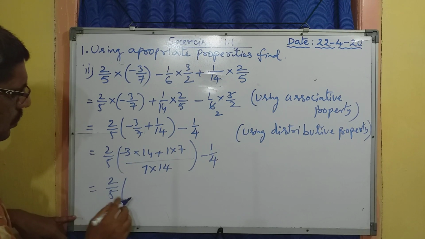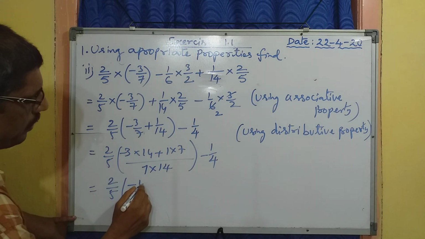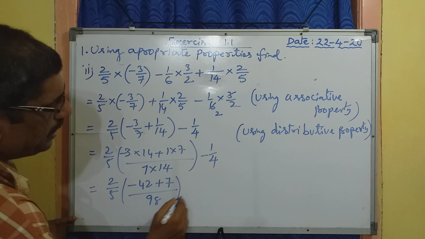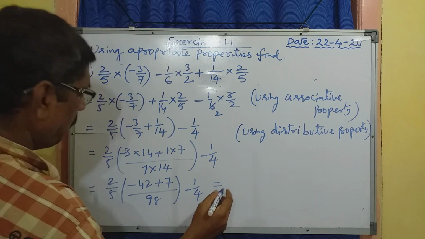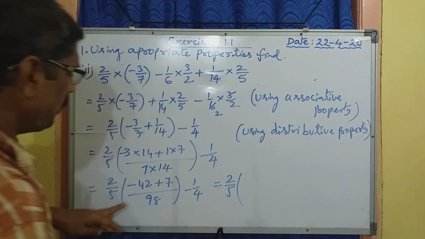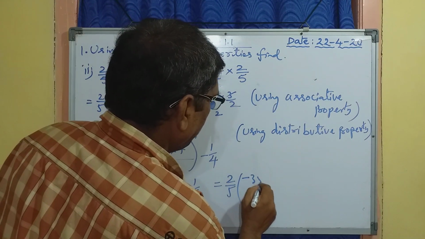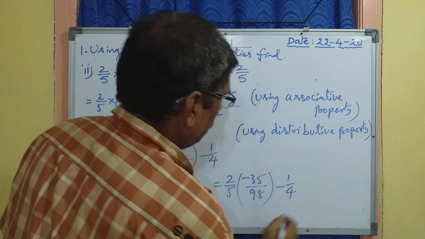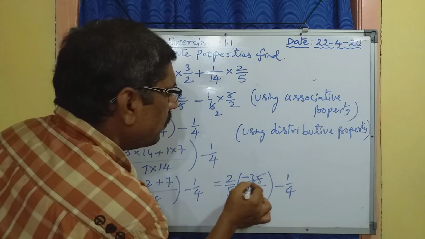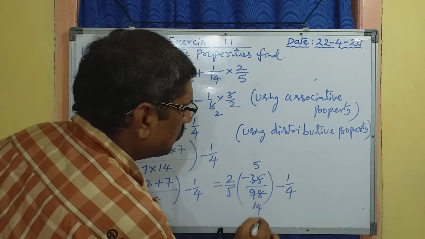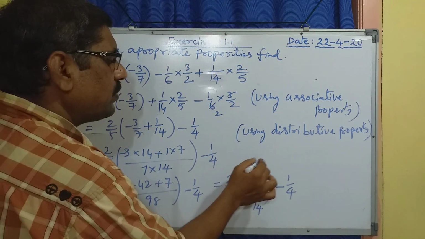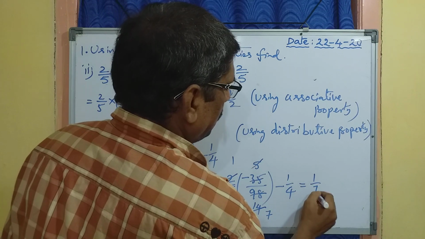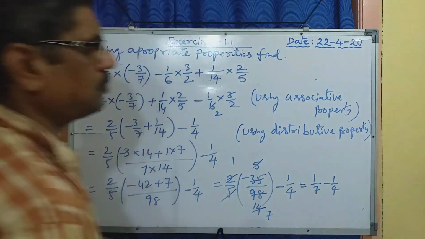Now 2 by 5 into minus 3 fourteens are minus 42 plus 7, by 7 fourteens are 98, minus 1 by 4. 2 by 5 into minus 42 plus 7 is minus 35, by 98, minus 1 by 4. Here in 7 table, 7 fives and 7 fourteens. Again these two 5s can be cancelled and 2 ones are 2, 7 twos. Finally we get 1 by 7 minus 1 by 4.